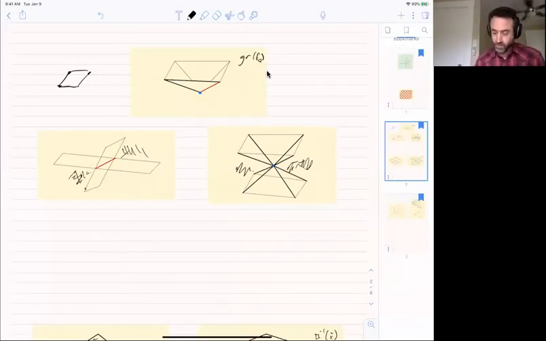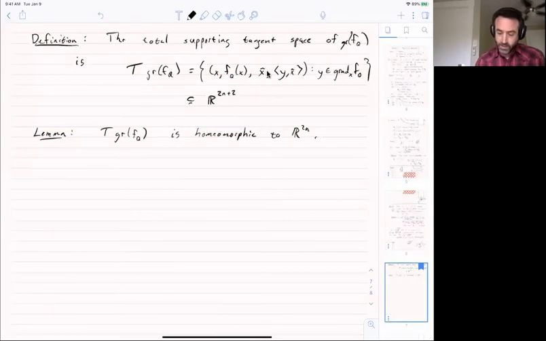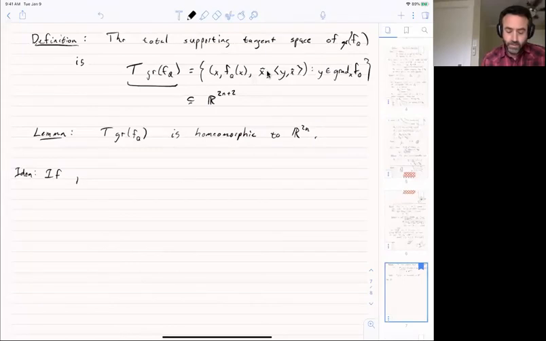But nonetheless, what you can do is look at this structure and project to the x tilde factor. So the basic idea here of how to prove this is to project to the x tilde factor and use convexity.